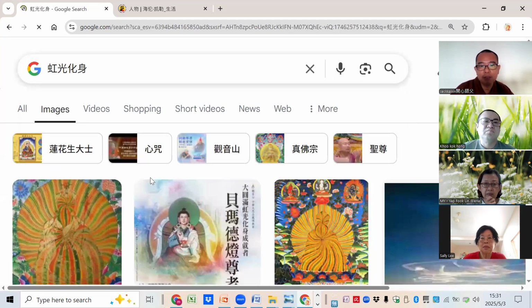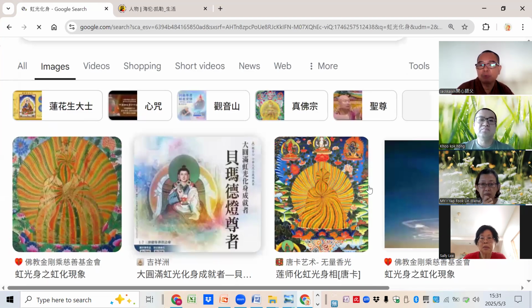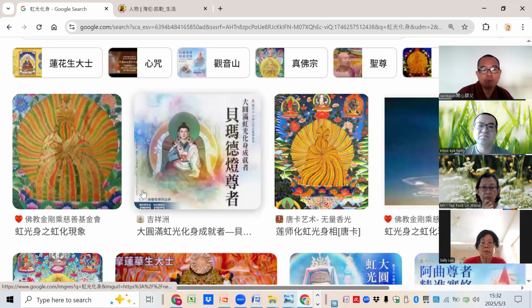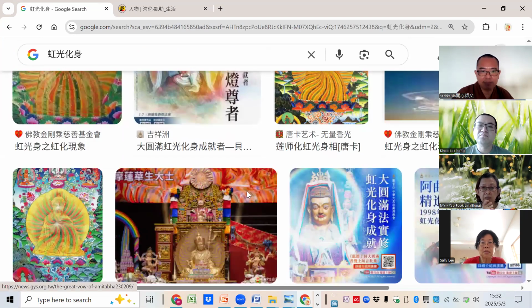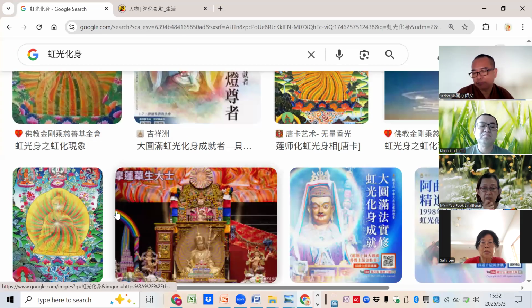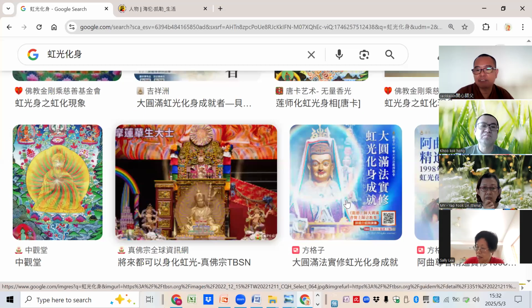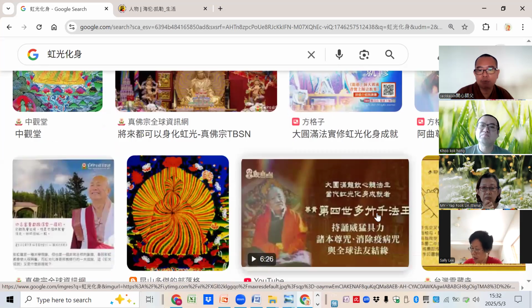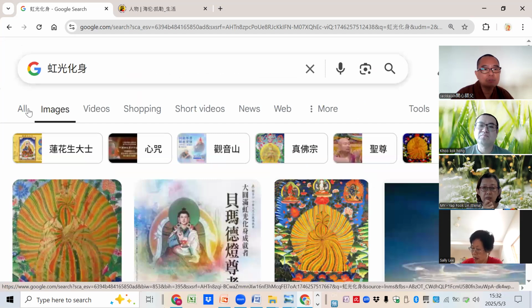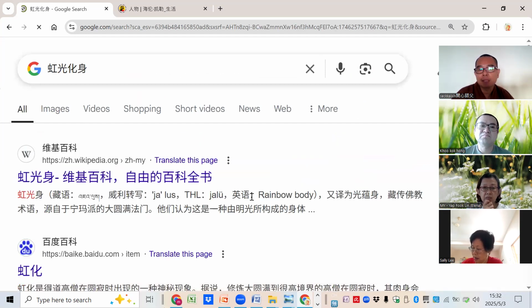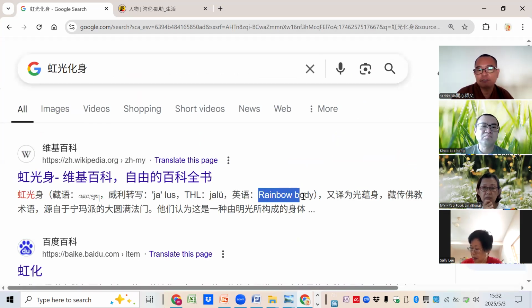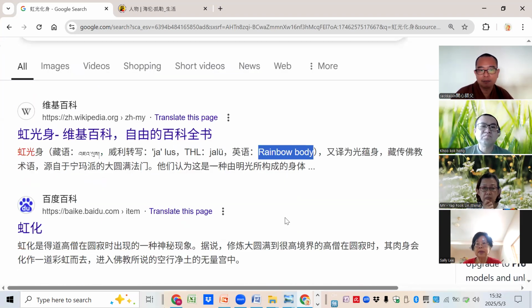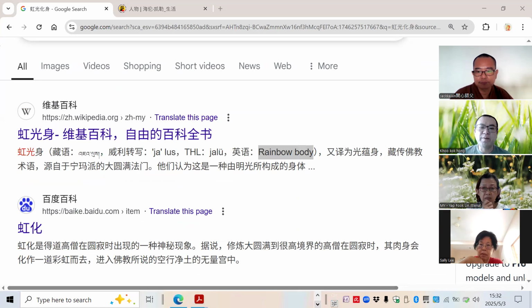Once you pass away, you will transform and become a rainbow. This is the highest level for the Nyingma. So class, you can note it down. Maybe if your affinity is not in the Visuddhimagga, you still have other methods to learn. So this is the highest level for the Nyingma, the rainbow body.